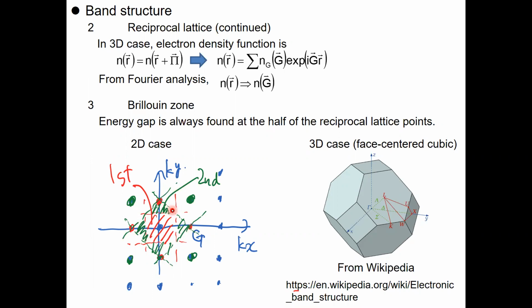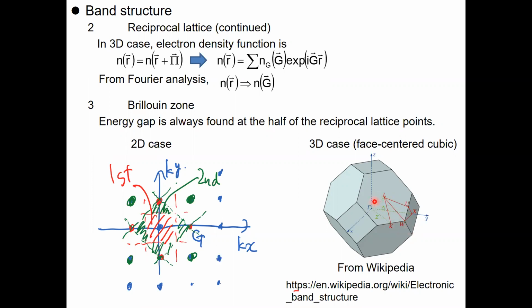This is the simplest case, but for real solids there are many different types of structures. Three-dimensionally, there are many different types of directions, and in solid state physics these directions have already been categorized.